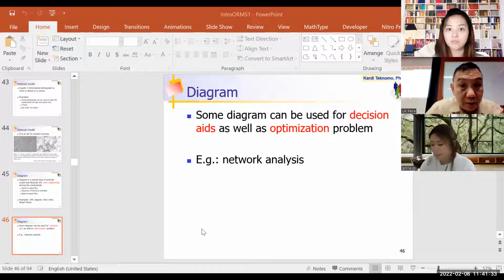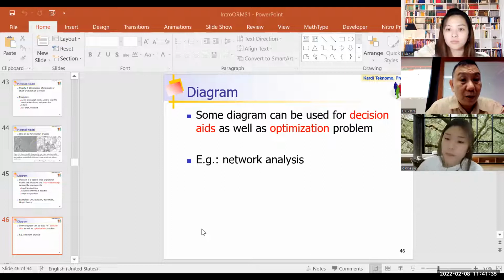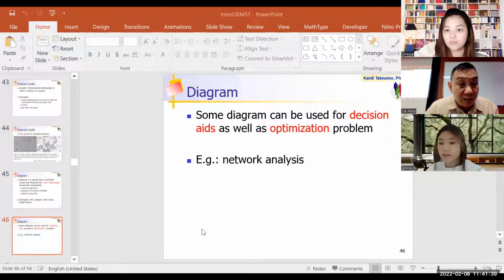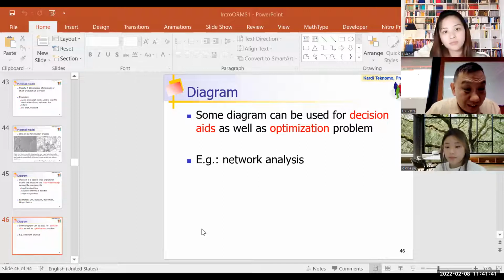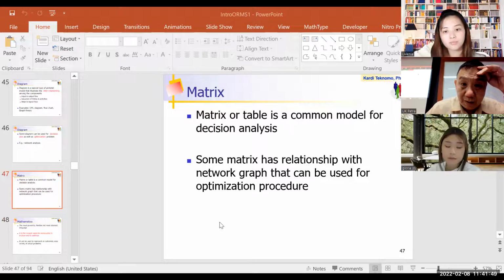diagram alone cannot be used for optimization. Well, yes, we can do decision analysis, but that's not diagram alone, isn't it? You still do the optimization based on mathematical analysis, right? Then the next is matrix, table.